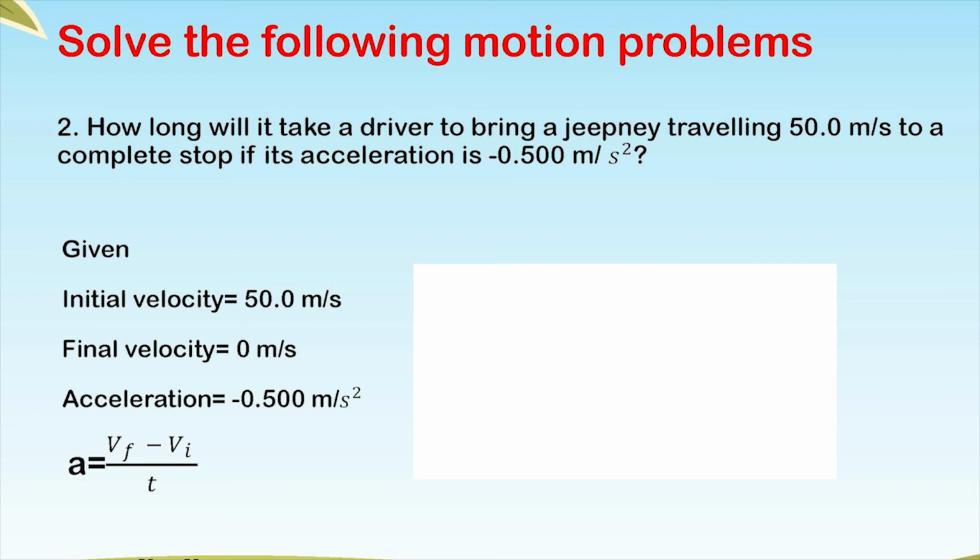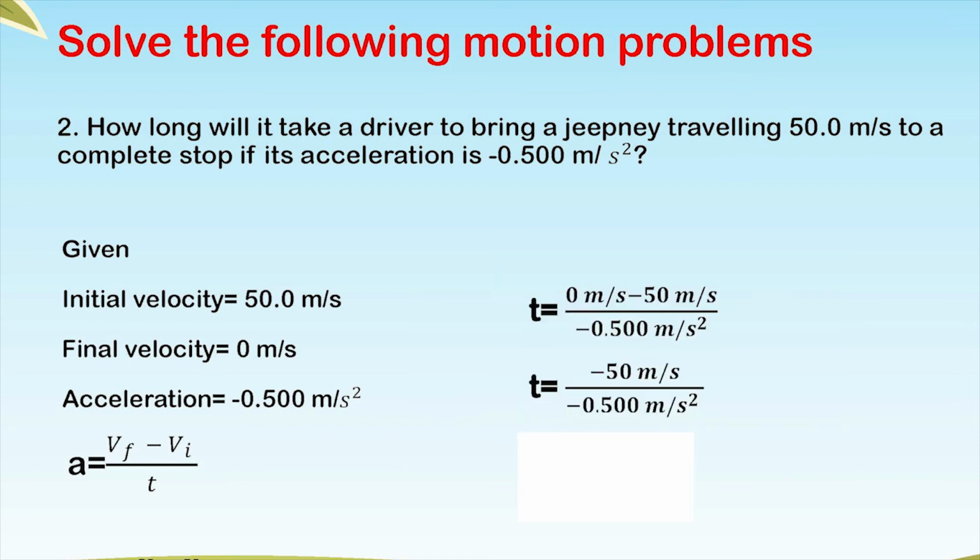First, we need to know the formula. To find the acceleration, it is a is equal to vf minus vi over t. To find the time, we derive the formula from the acceleration. Upon deriving, we have now the formula for time. t is equal to vf minus vi over a.